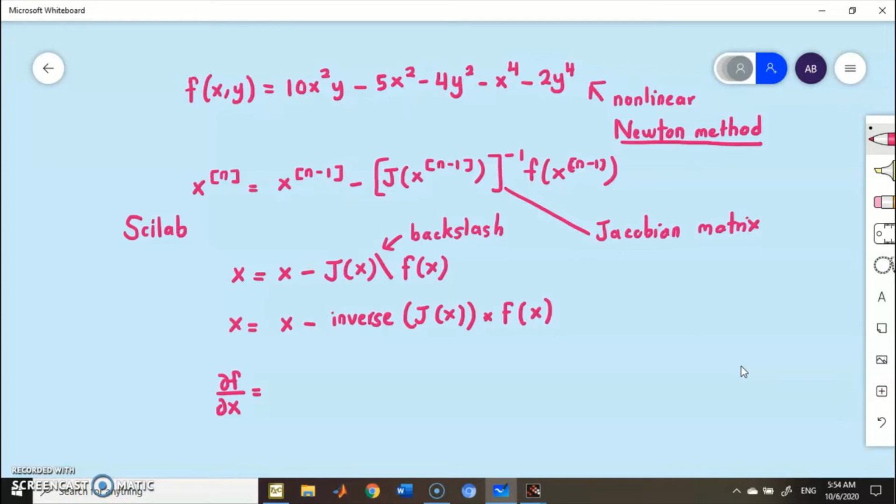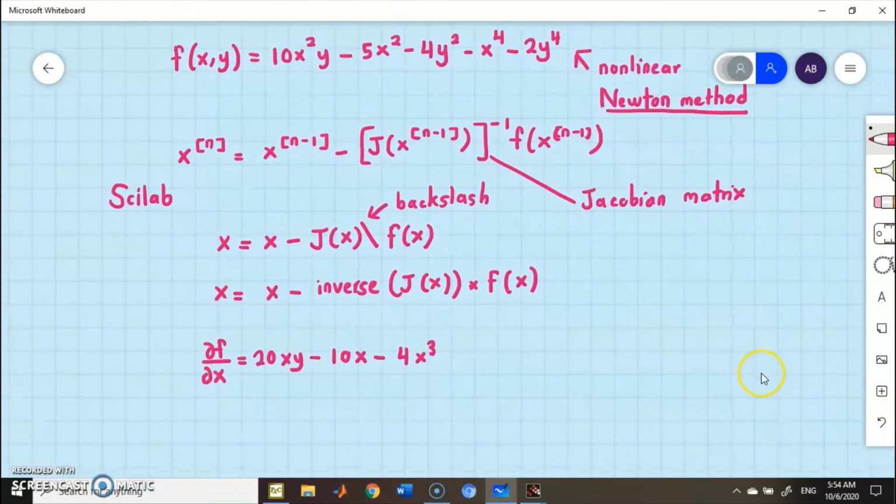If you have one independent variable, then you differentiate as normal. Taking the derivative with respect to x gives you 20xy minus 10x minus 4x cubed. There's no x in the remaining terms.